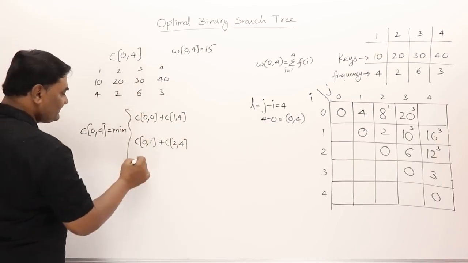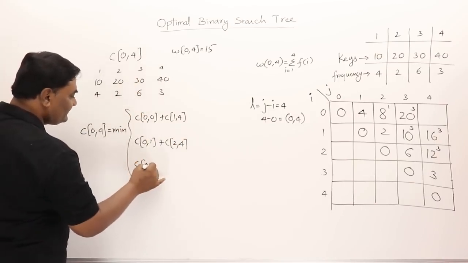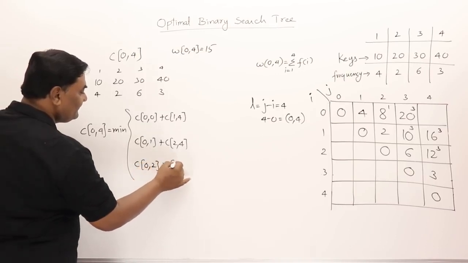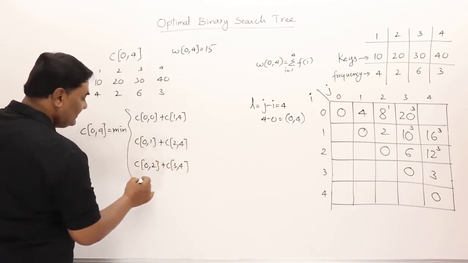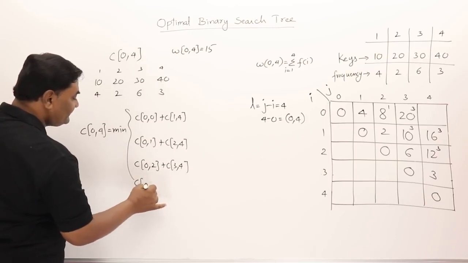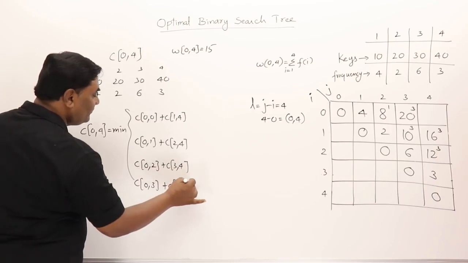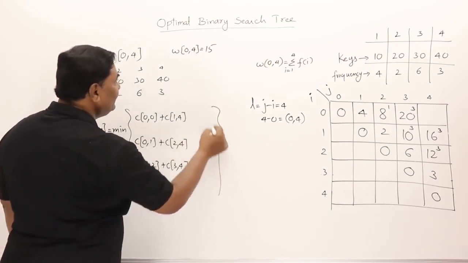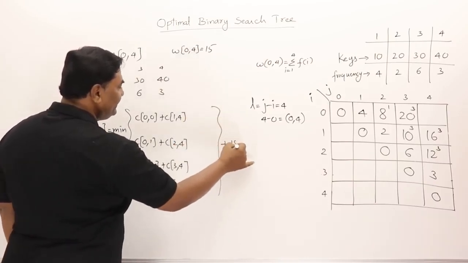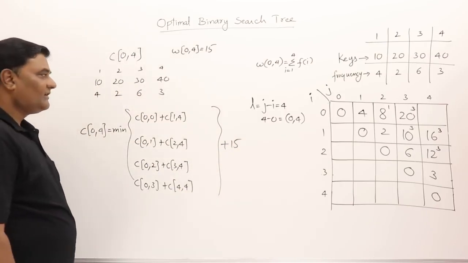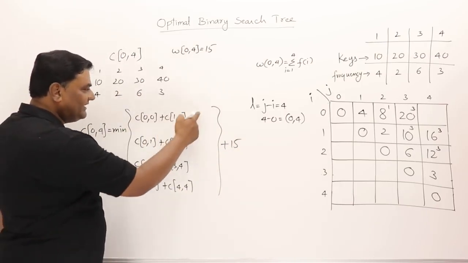Then the third one as a root, so C of 0, 2 plus C of 3, 4. Then the last one is C of 0, 3 plus C of 4, 4. And in all these, I should add this weight, that is 15.